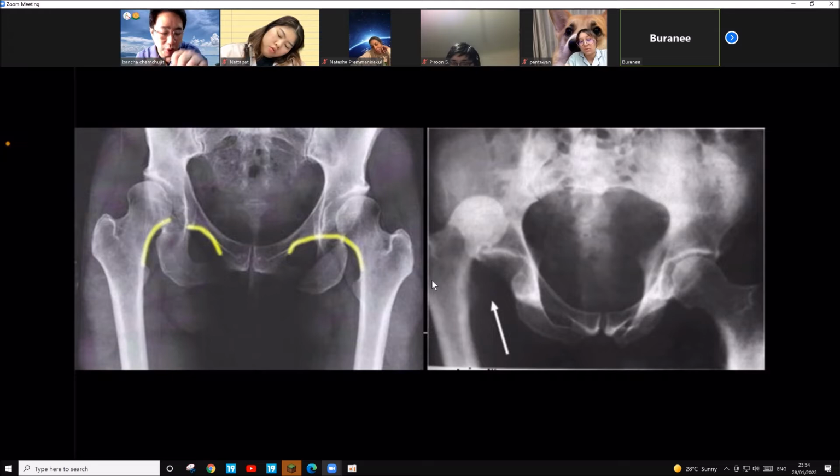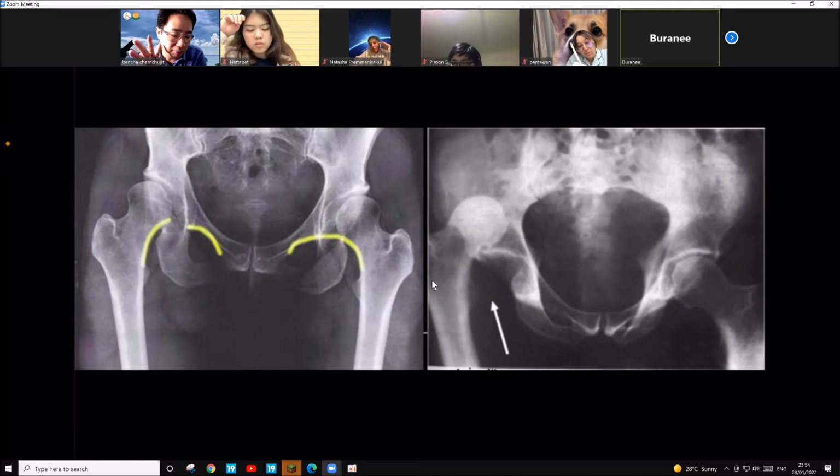The hip will go down medially, right? From this picture, we can see the loss of the Shenton line, and also some adduction. And you cannot see the lesser trochanter very well. That means this hip is internally rotated, so this is the posterior dislocation.